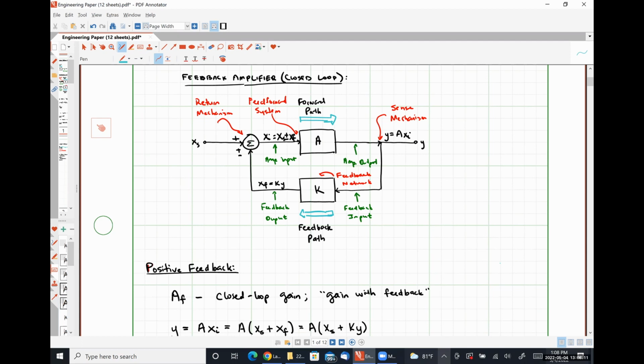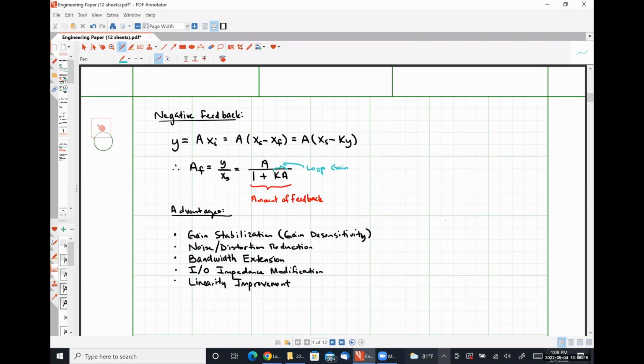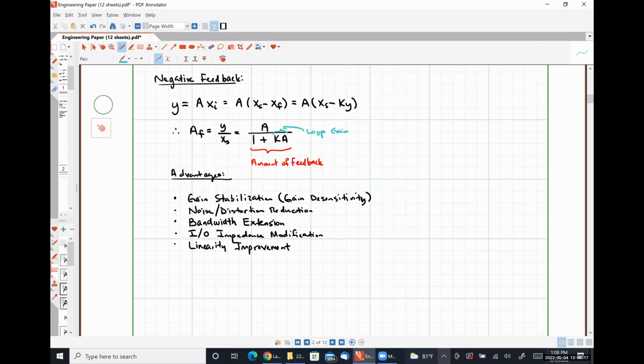Okay. The loop gain is the principal characteristic parameter of a feedback amplifier circuit. And so what I mean by that specifically is actually something that Julia touched on a moment ago. When that quantity K times A is positive, we have a negative feedback system.